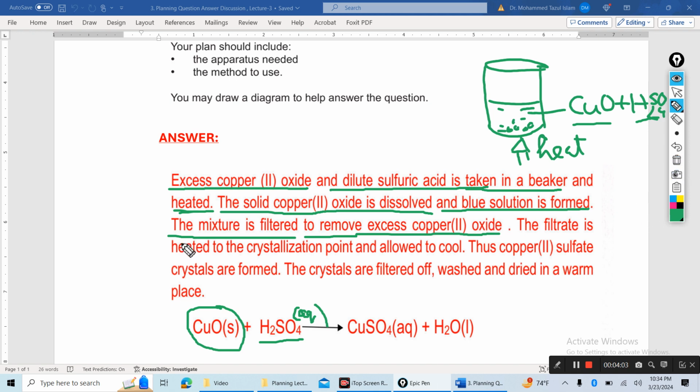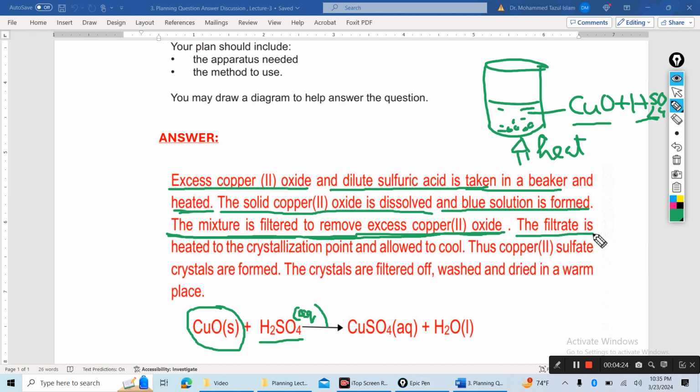That's why the mixture is filtered to remove excess copper(II) oxide. When the mixture is filtered, the excess copper(II) oxide is removed and you will get the filtrate, a clear blue solution. Then what you will do?